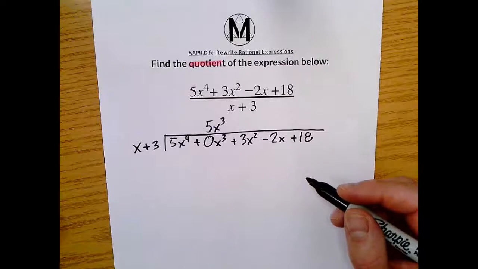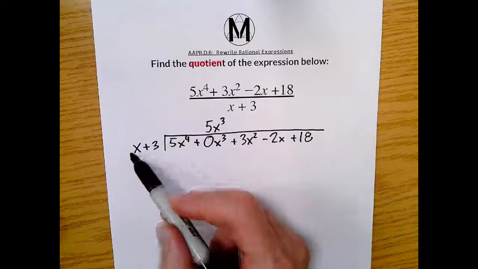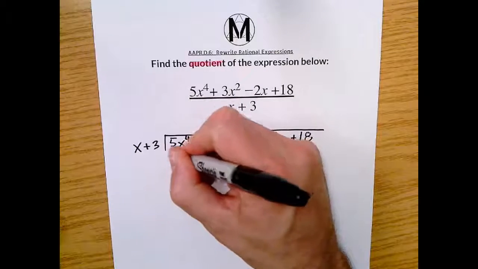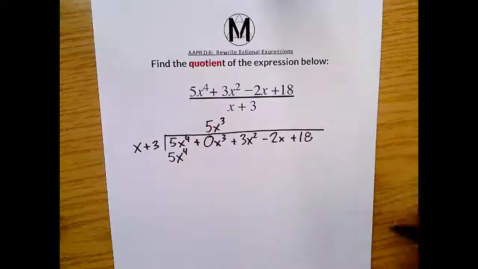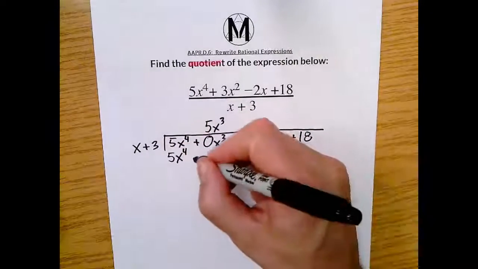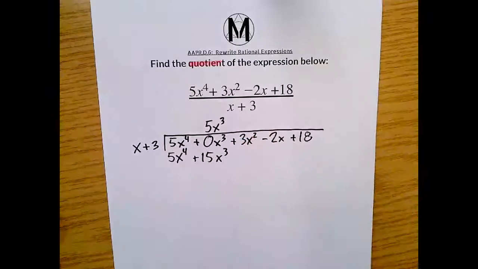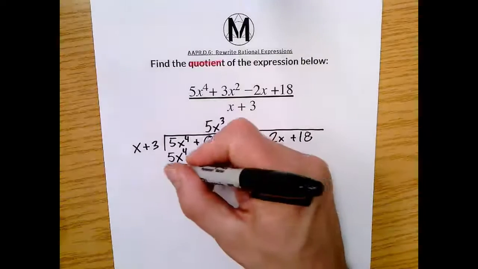Step two, we multiply down or distribute down. So we say 5x to the third power times x. Well, that gives me 5x to the fourth power. And then 5x to the third power times 3, well, that gives me 15x to the third power. Great. Okay, that was step 2. So the next step, we subtract. So I'm going to be subtracting these.